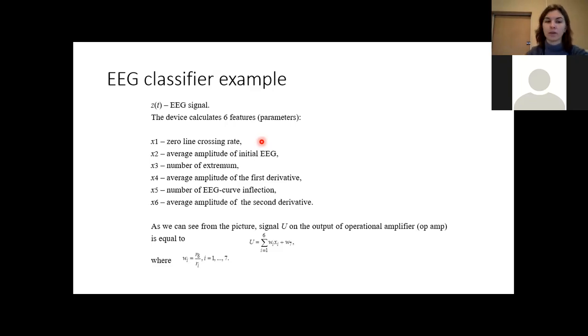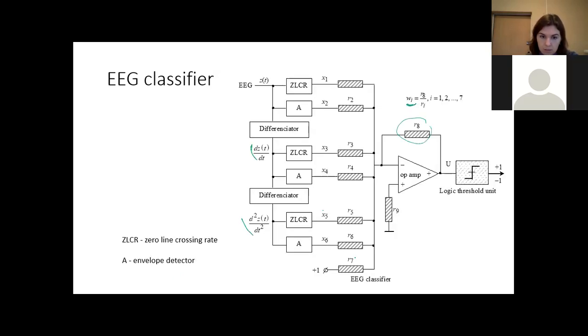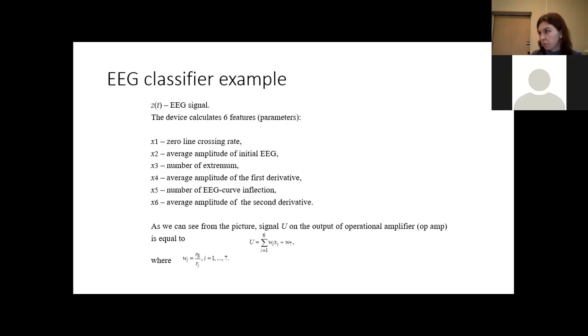You may use several approaches to do it. In this case, you may construct a classifier system. The X's are features that we need to extract from the signal.